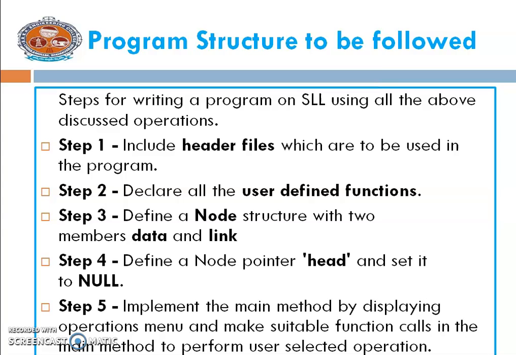Third, define a node structure with two members, data and link. Step 4: define the node pointer head and set it to null. Step 5: implement the main method by displaying an operations menu and make suitable function calls in the main method to perform the user-selected operations.